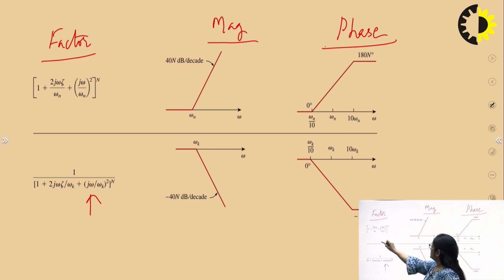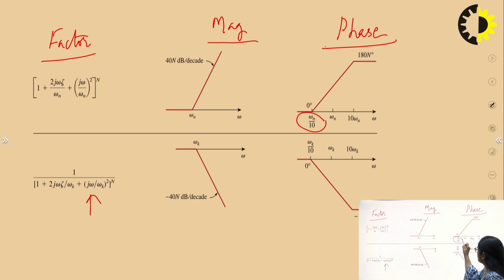Here we can see that till omega n the value is 0, omega n is the corner frequency, and there is a rise of 40 n dB per decade. In case of the phase, it is marked here as omega n by 10, and till then the value will be 0 degrees, whereas this point is 10 omega n.